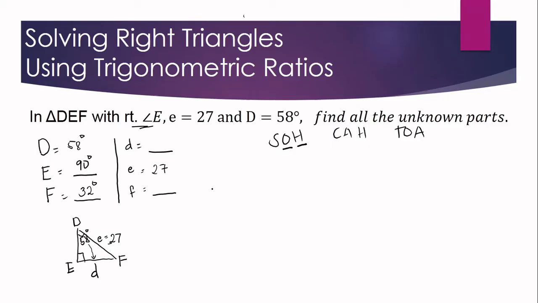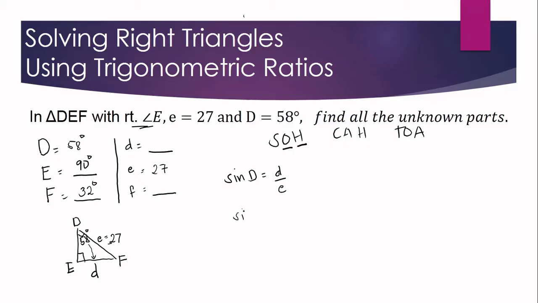And the equation that we are going to use is that we have sine D. Our angle is angle D, so you can have sine D. Pwede rin naman sine theta, basta the theta is angle D, but let us use D. So we have sine D is equal to opposite ng angle D is side D, and then the hypotenuse is our side E. So basically, this is the equation that we are going to use to solve for side D. We are going to substitute the given values.